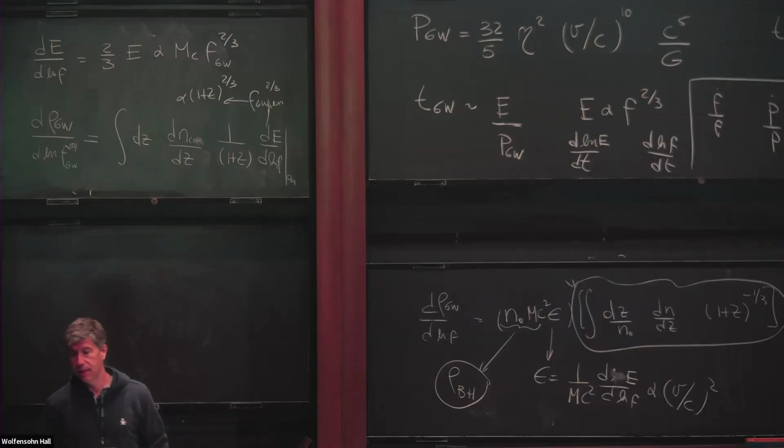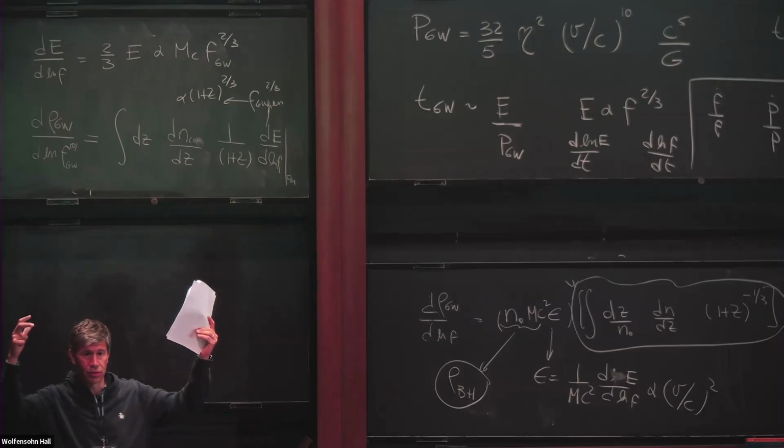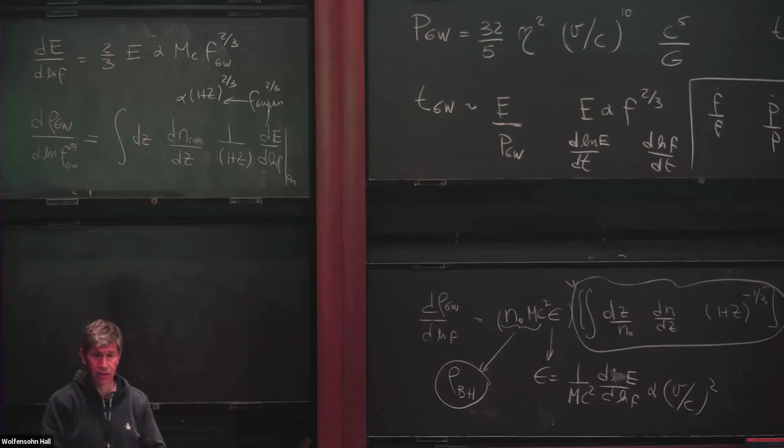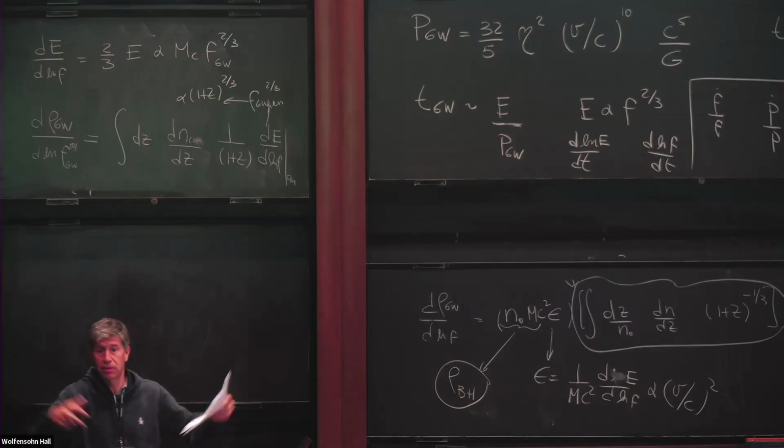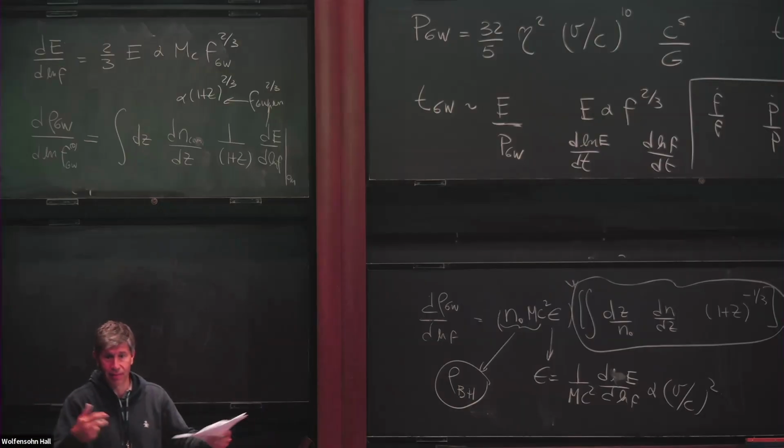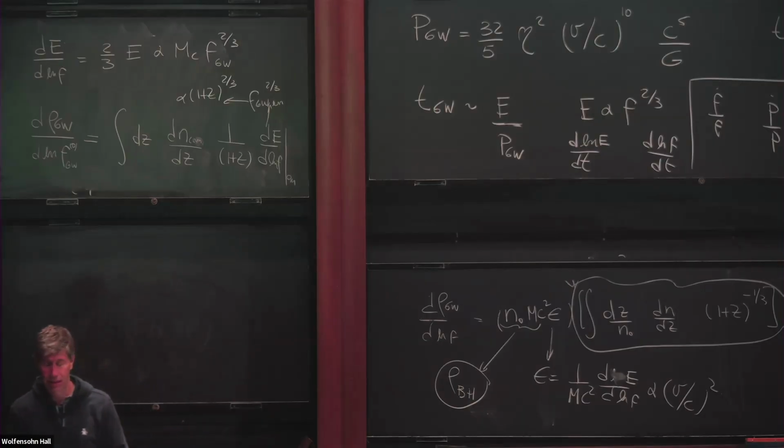So in some sense, there is a connection between the total light that they are producing, which is given by the accretion, and the total mass they get, because that's the mass that is falling and producing the light.